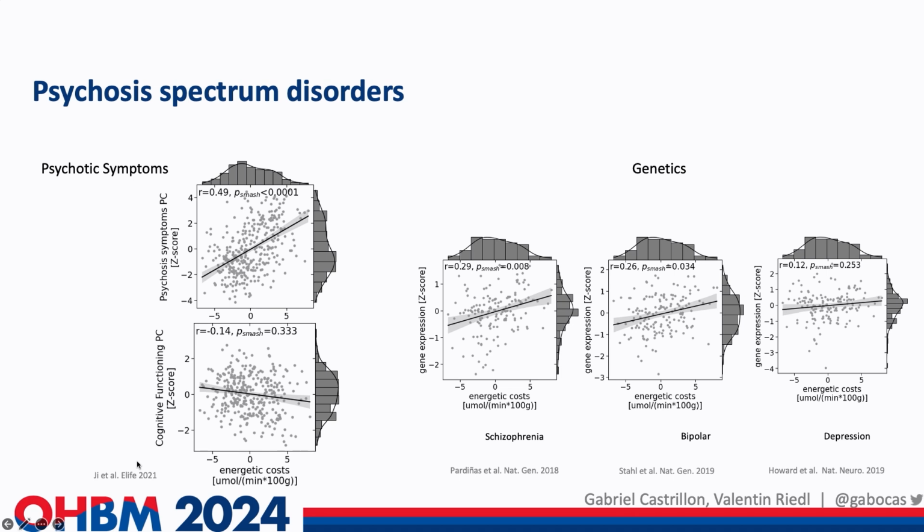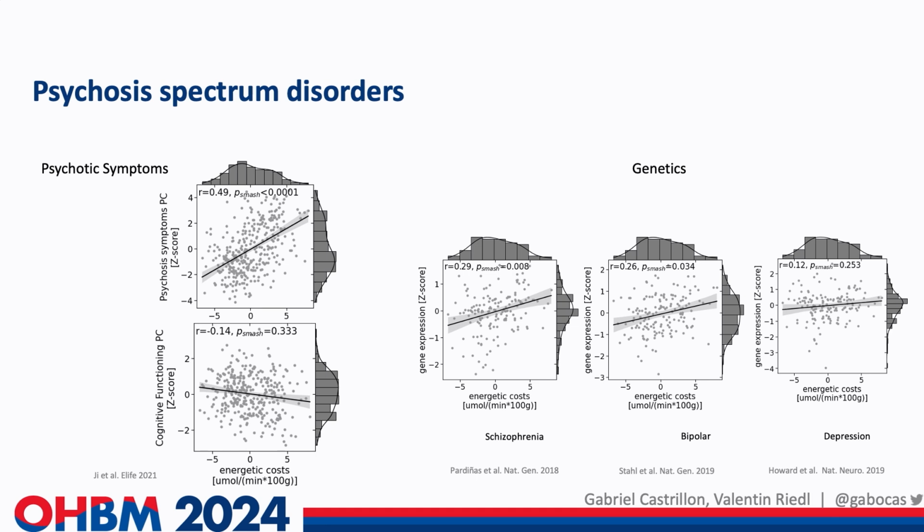It was published a couple of years ago, in which behaviorally assessed symptoms were grouped. I mean, they used a PCA analysis and grouped them into components. 5 such components are available. Of these, only the component pertaining to psychotic symptoms was significantly related to the signaling cost map.